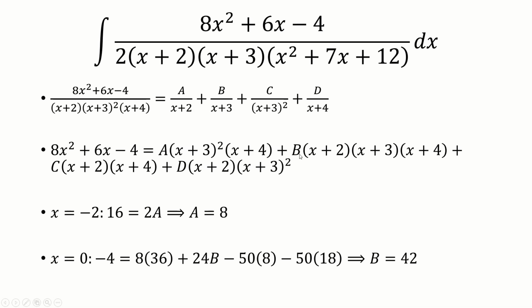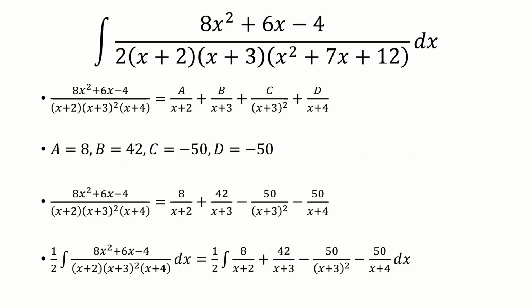Plus, and then this was 2 times 3 times 4, that's 24 times B. And then C was −50, 2 times 4 is 8. D again was −50, 2 times 9 is 18. So after a lot of simplifying, you end up getting B is 42. So now we have A is 8, B is 42, C is −50, and D is −50.